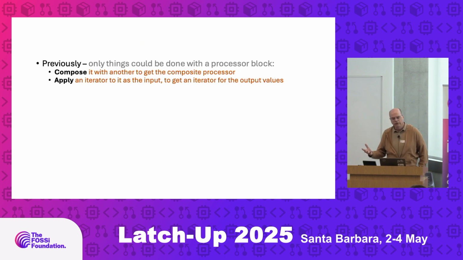So previously, the only thing you could do with these processors is basically compose them to create a filter chain. So you're composing processors to make a bigger processor, and ultimately you apply an iterator describing the input to generate an overall iterator, which allows you to pull output samples out.